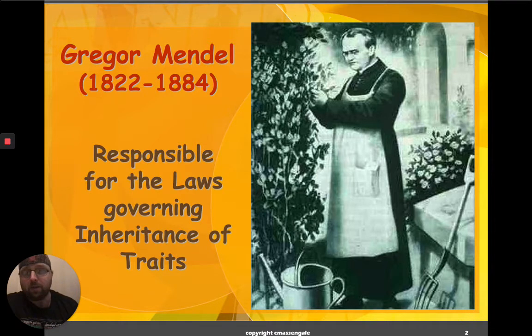As we see here, he's responsible for the laws governing the inheritance of traits, and that's what we're going to explore. The picture shows Mendel working in his garden in his monastery, during the time period when Mendel lived. He started working on these laws because he didn't have a lot of other things to do.